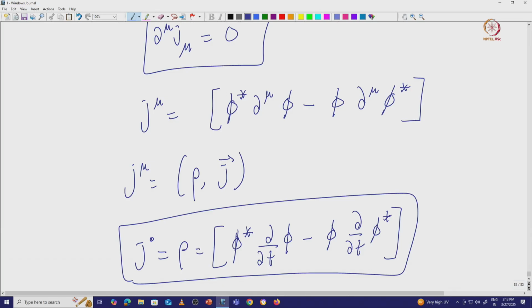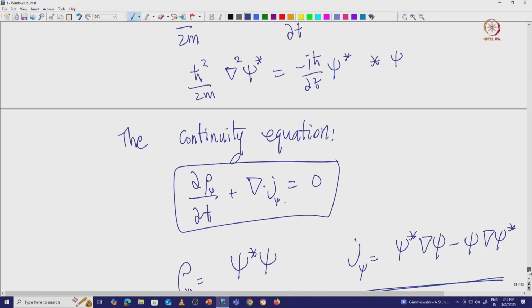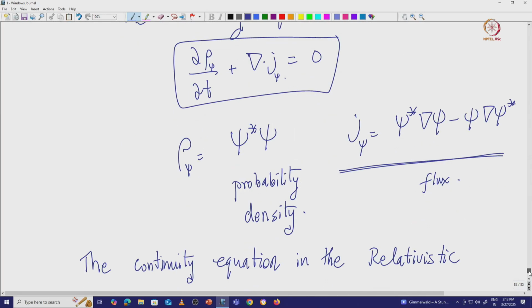Now compare this with the rho in the previous expression. In the non-relativistic case, rho is just psi star psi, which is nothing but the modulus squared of a complex number.